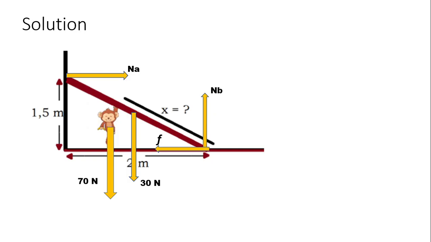That's why the friction has to point to the left. Remember, the resultant of the x component has to be 0. Normal A is equal to the friction. And the resultant of the y component has to be 0 also.